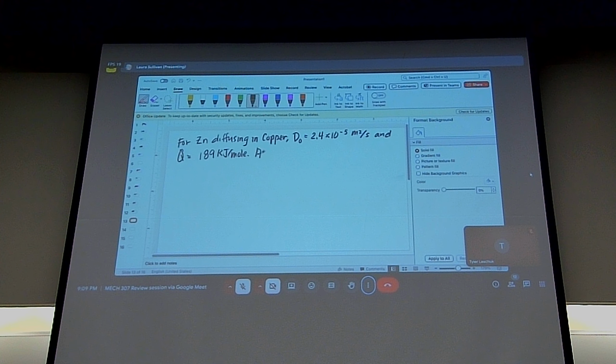At what temperature will D be equal to, you know, if I make up the number, see if I can.